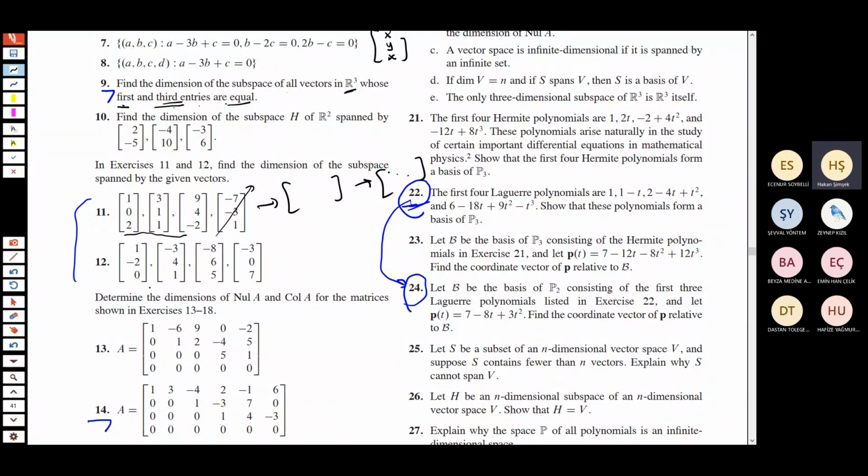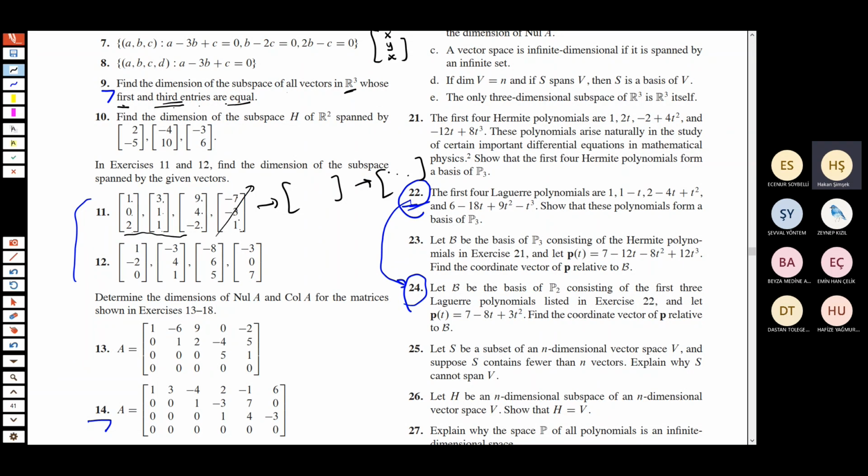Okay, will be 3. Automatically, actually, you can say these vectors are linearly dependent. Why? Because we have 3 entries in each vector. But how many vectors do we have here? 4 vectors. If you remember, we wrote a theorem during the lesson.